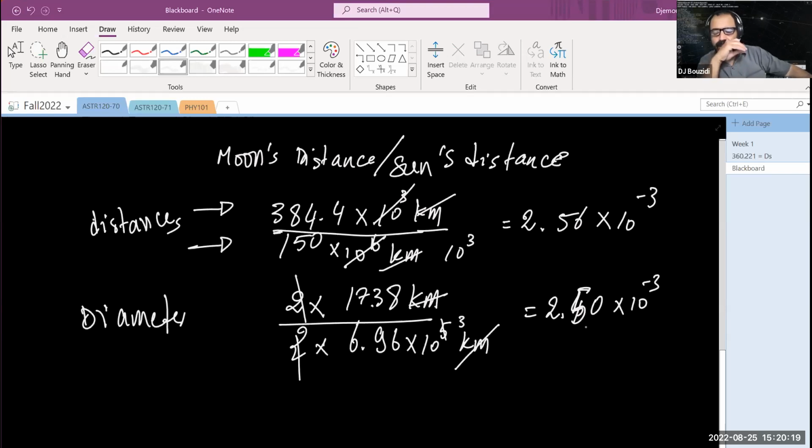The point being in here is they're almost the same number. How big the moon is compared to how big the sun is, and how close the moon is compared to how far the sun is. The ratio is almost the same thing.